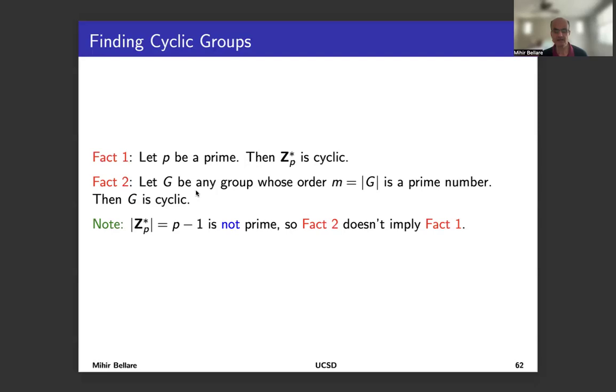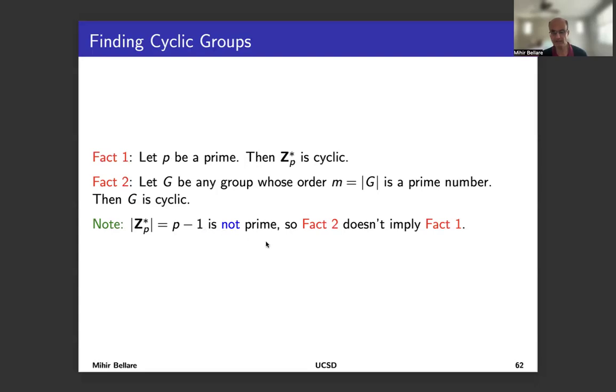Now, one thing that may be confusing is that the second fact is not implying or generalizing the first one. They're quite different. Why is that? Well, what is the order of Z p star? Well, when p is a prime, everything in the range 1 through p minus 1 has no common divisor with p. And so the size of Z p star, or if you like, phi of p, is in fact p minus 1.